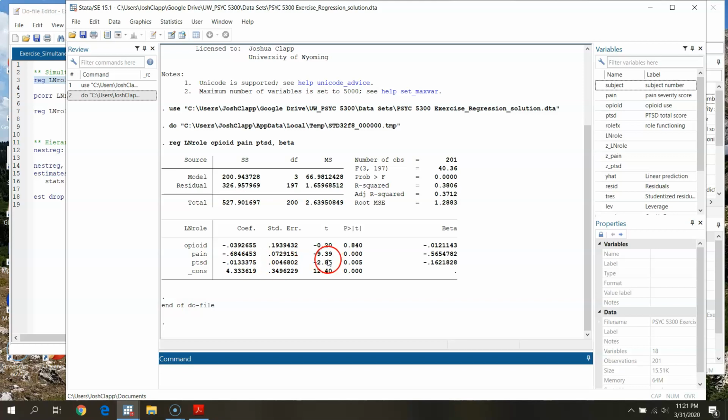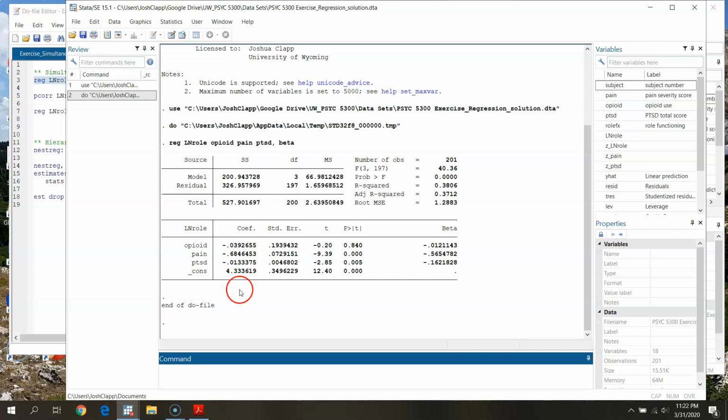If we go through, we see a very large t statistic and a very, very small p-value, giving us incredibly strong evidence against the null hypothesis that this coefficient is equal to 0. Okay, if we go down, same thing. If we look at our PTSD variable and interpret this in terms of percentage change in role functioning, for every unit increase in PTSD, we're seeing an expected 1.3% decrease in role functioning.